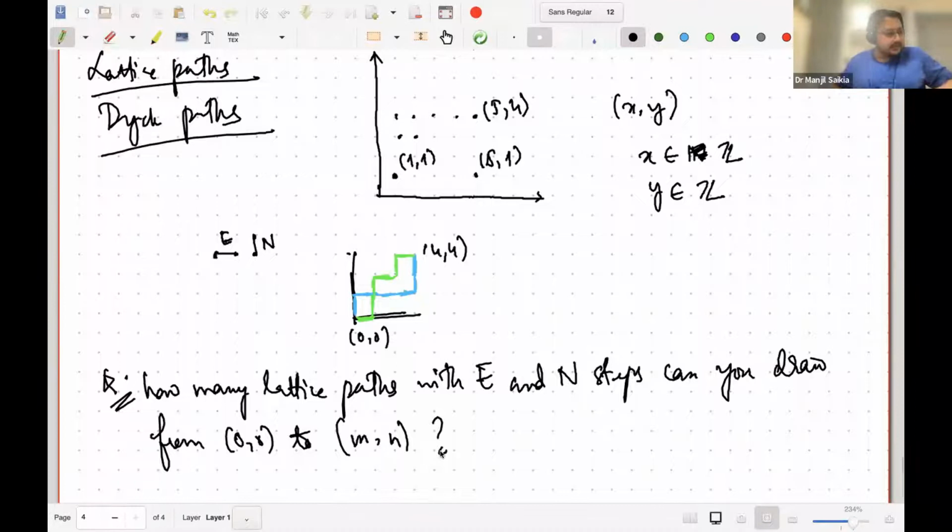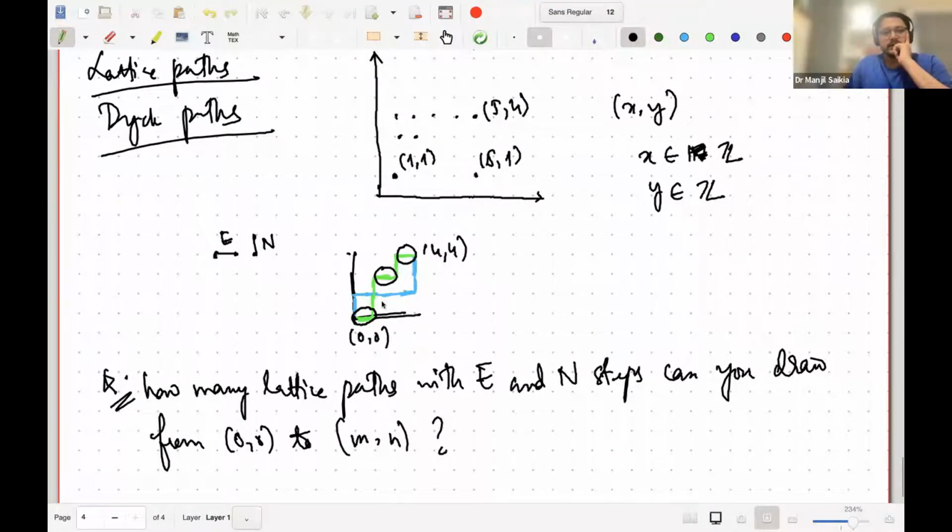That's an easy question to answer, because if you look at this particular example, you'll see that the number of E steps in the blue line and the number of E steps in the green line is the same. For example, this is an E step in the green line, another E step, another E step.